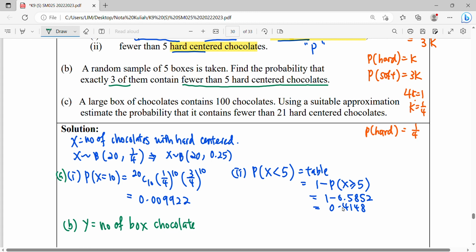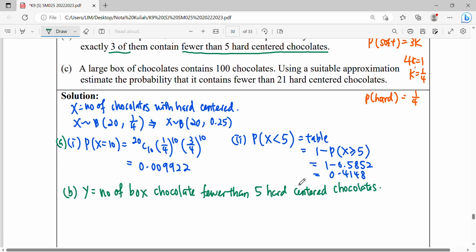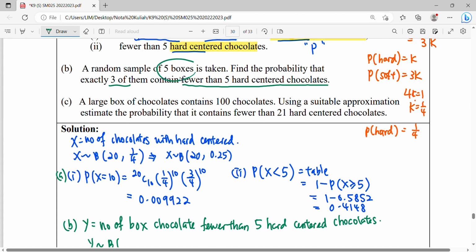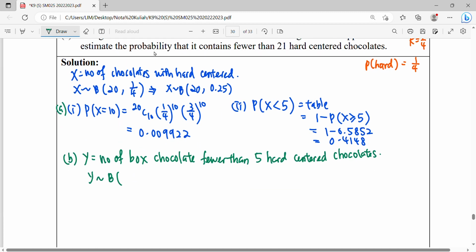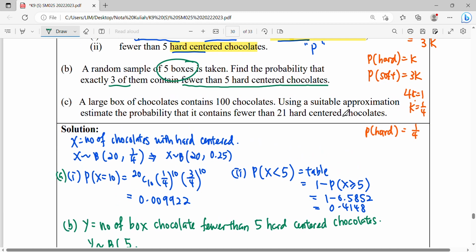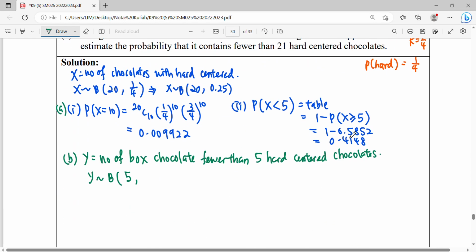Our sample is the number of boxes. Y is distributed binomial. How many boxes do we have here? A sample of 5 boxes. So the condition is not just heart-centered, it is fewer than 5. So this is 0.4148.